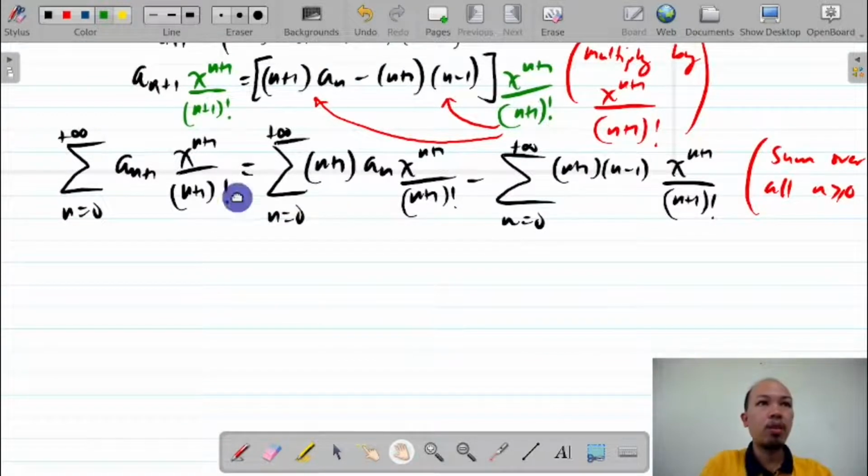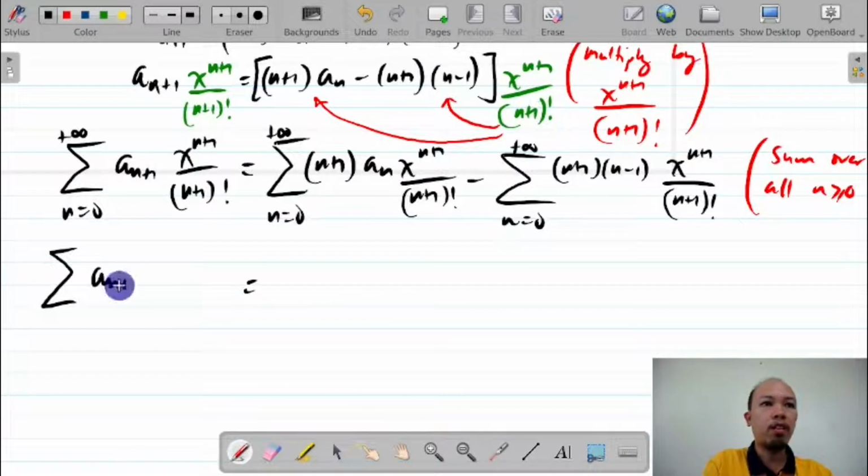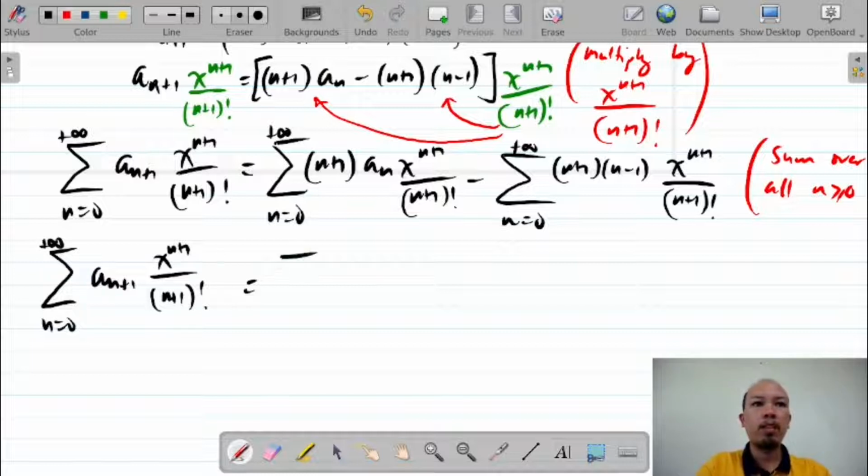So what we have here, the left hand side will be the same. We have x to the n plus 1 over n plus 1 factorial, n starts from 0 to positive infinity, but the first term on the right hand side should be expressed as this one here.